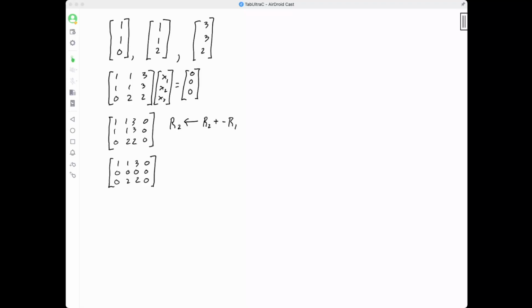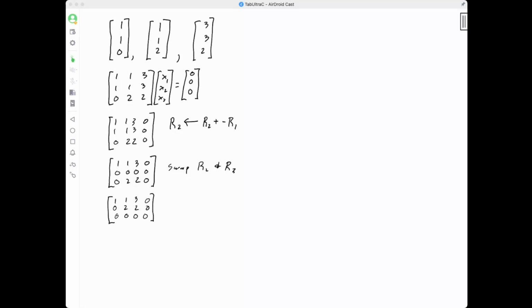Now I'm going to swap rows 2 and 3, which gives me 1, 1, 3, 0, 0, 2, 2, 0, 0, 0, 0, 0.